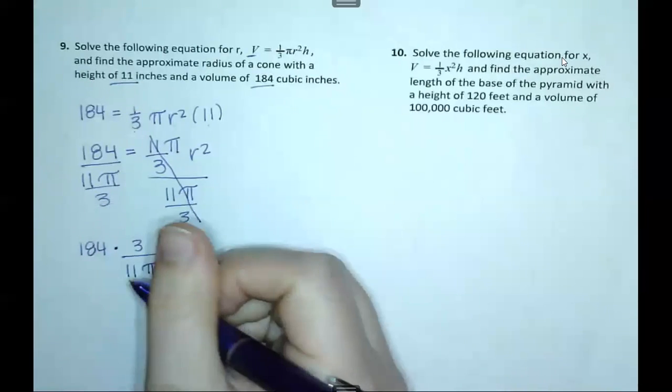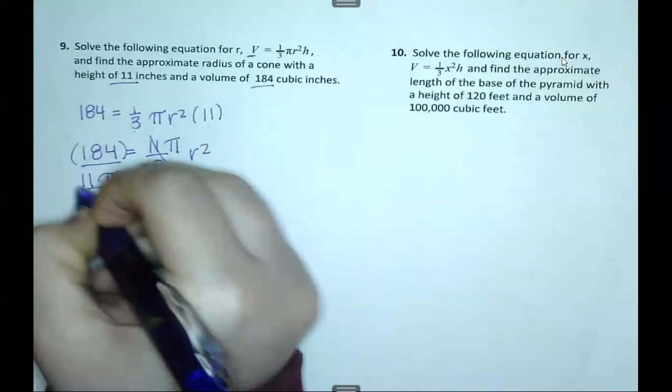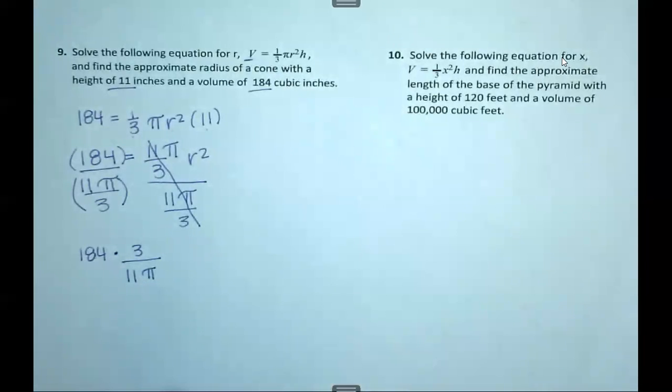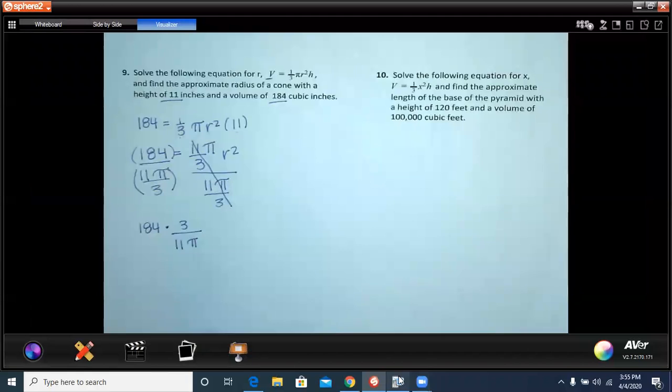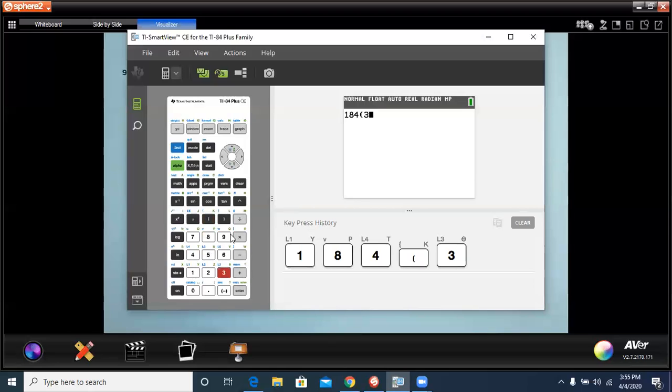So you can type this in your calculator, or you could type it in just like this. Just make sure you put everything in parentheses. So I'm going to get out my calculator. So in my calculator, we are going to be multiplying 184 times 3 divided by 11 pi.